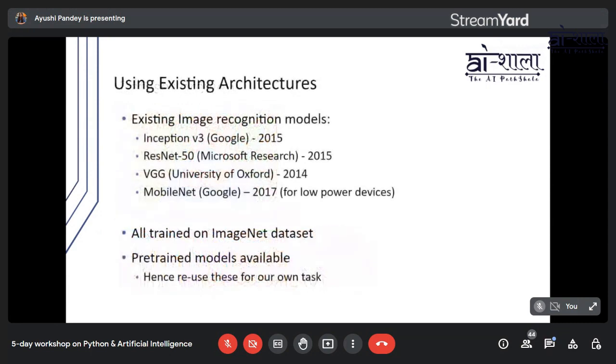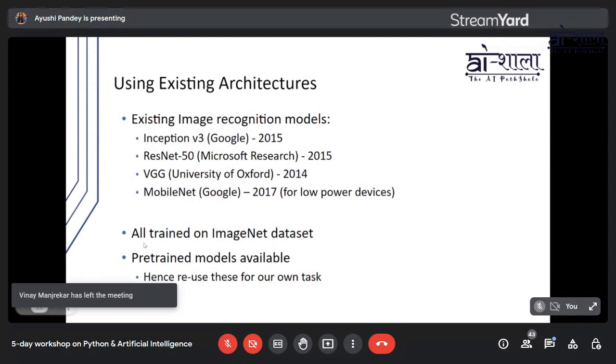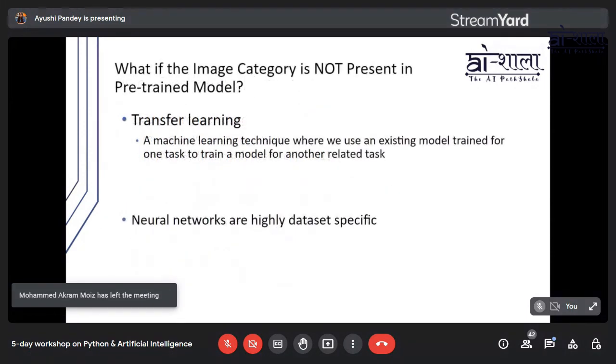So now we have a few existing architectures for image recognition models, which are Inception V3, ResNet, VGG, MobileNet. Okay, these are all trained on a data set known as ImageNet, and even pre-trained models are available for people to reuse for their own task.